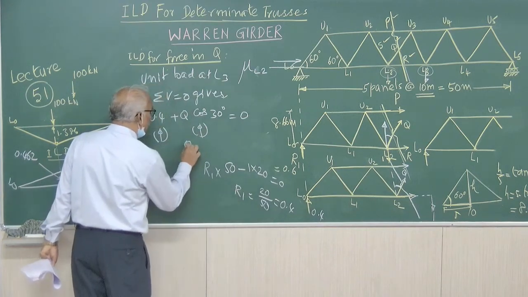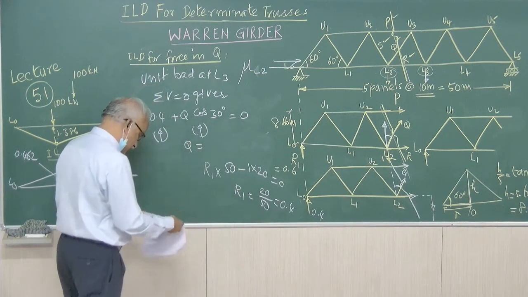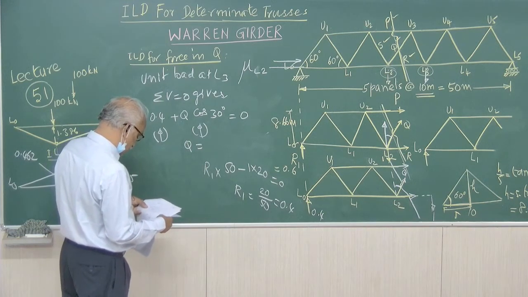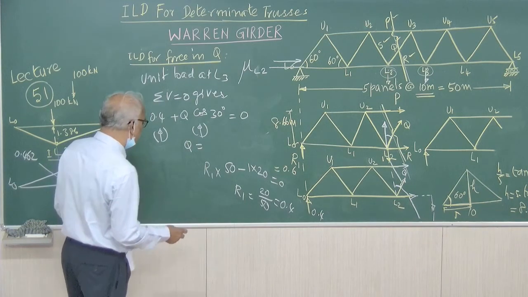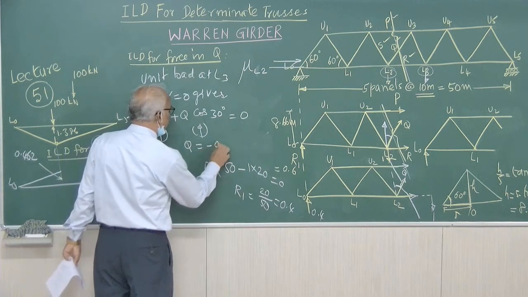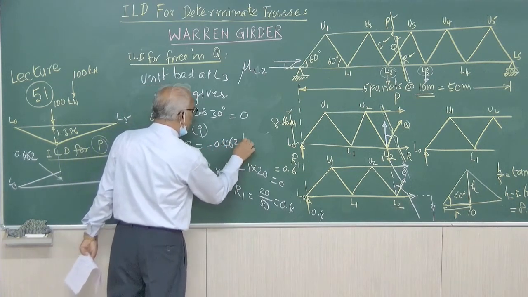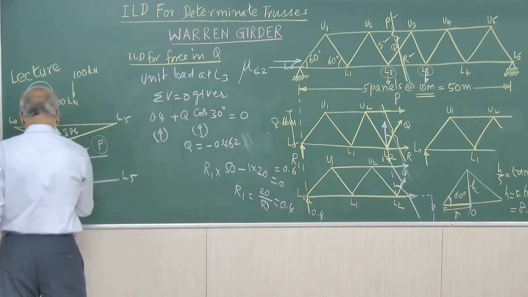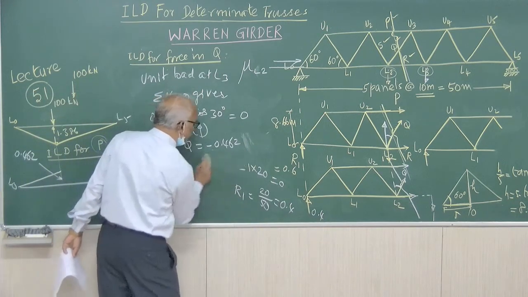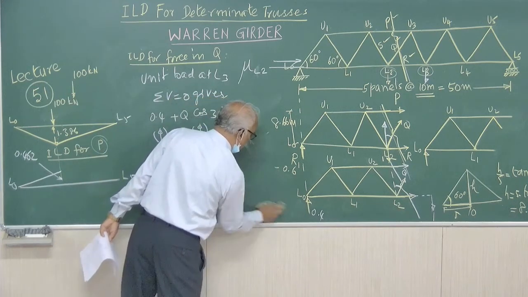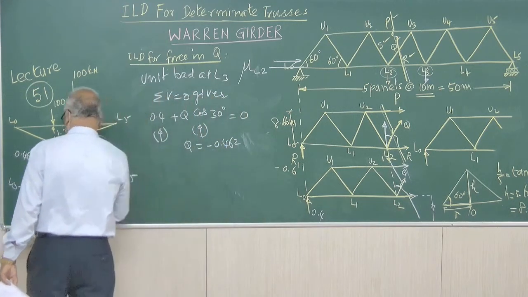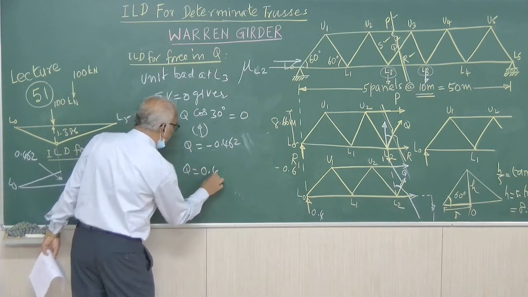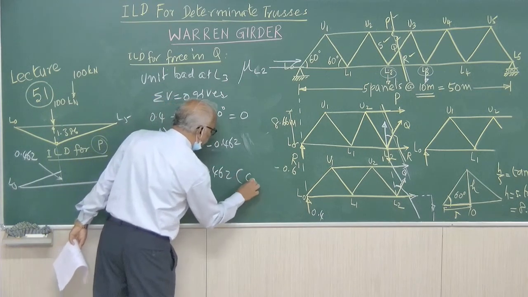So, this will give you Q equal to minus 0.462 unit kilonewton or whatever maybe the unit of the force. So 0.462 compression. Minus means compression. Therefore, Q equal to 0.462 compression.